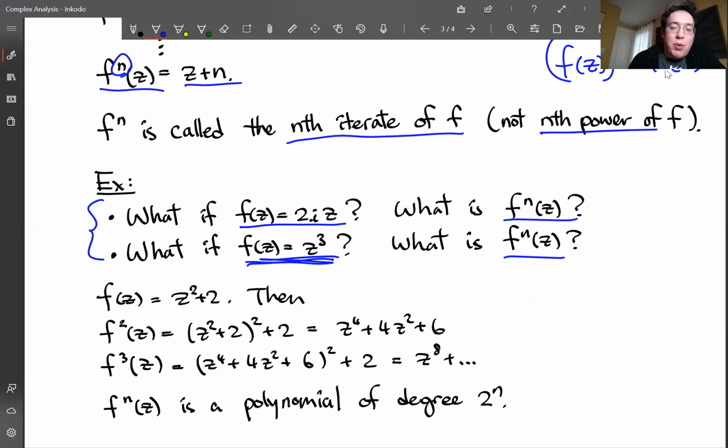Okay, so we're gonna look at quadratic functions. We're gonna focus on them. So we're gonna look at something like z squared plus some constant c. And we'll quickly see that this is not an easy thing to compute. So just looking at a couple of iterates, if we square it and add c and do that twice, we'll get some polynomial of 4th order.